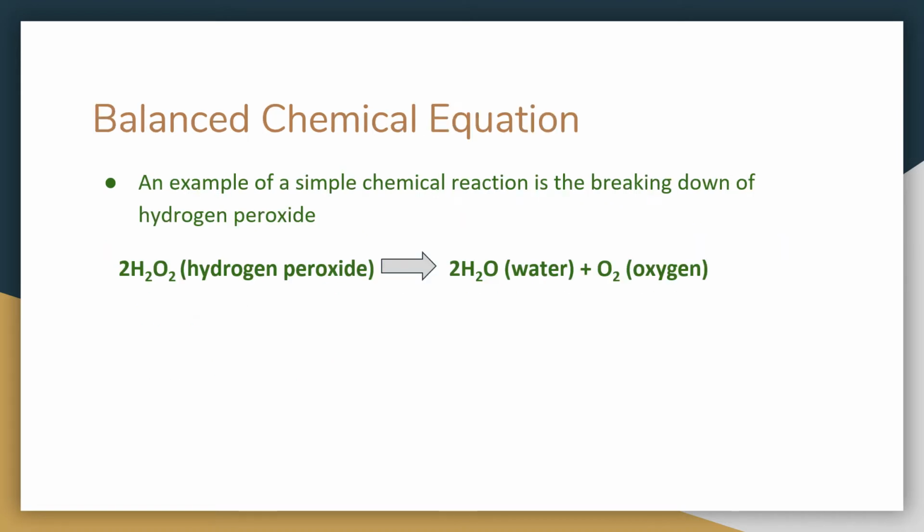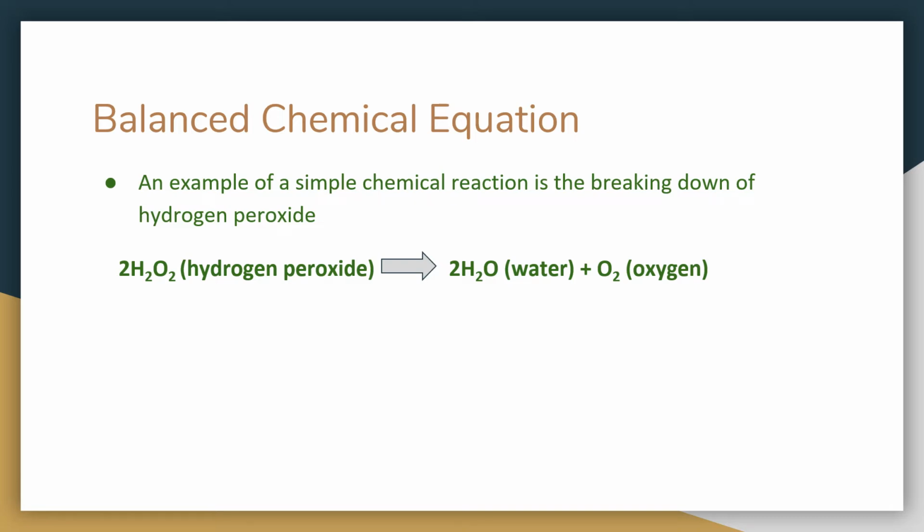Alright, so here's an example of a balanced equation. This is a simple chemical reaction, breaking down hydrogen peroxide. You have 2 hydrogen peroxides, which can be broken down to 2 waters and 1 oxygen.